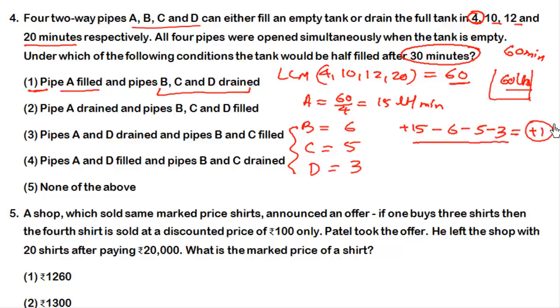That means in a minute the overall water getting inside the tank is 1 liter, and to put in 60 liters, it will definitely take 60 minutes. So ultimately we have got the answer in the very first case itself. In 60 minutes it can fill the entire tank, so in 30 minutes it will fill half the tank.